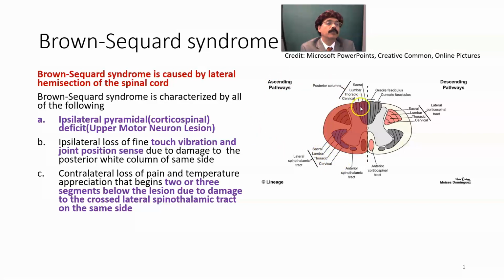Here we also have the posterior column. They do not cross at spinal cord level, they cross at the level of the medulla oblongata.